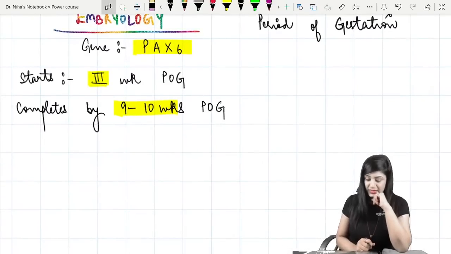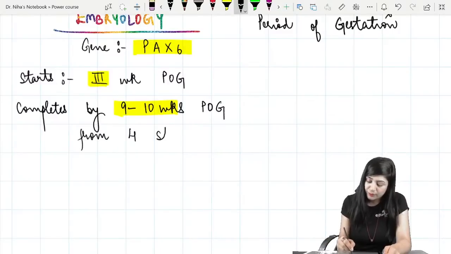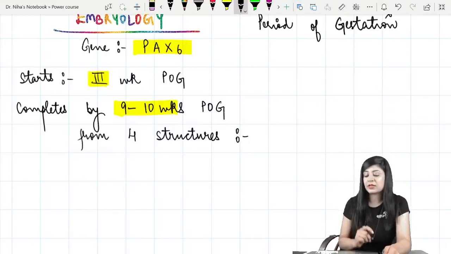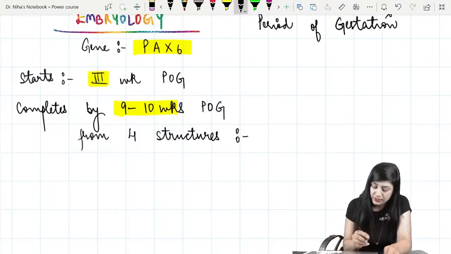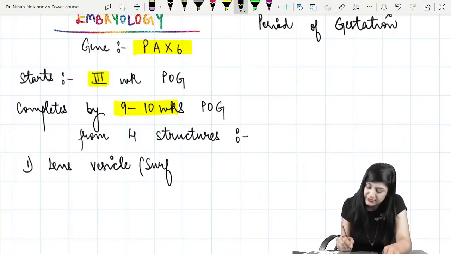It is taking place from 4 structures. The development of the eye takes place from the 4 structures. One is the lens vesicle. Lens vesicle represents the surface ectoderm.